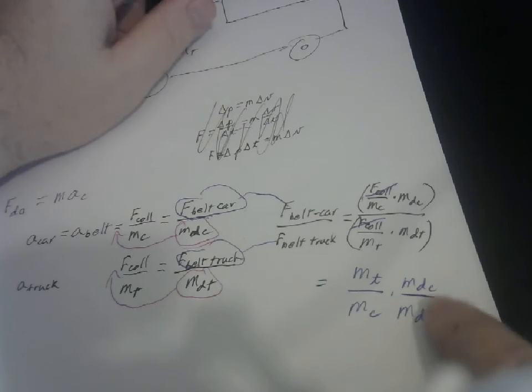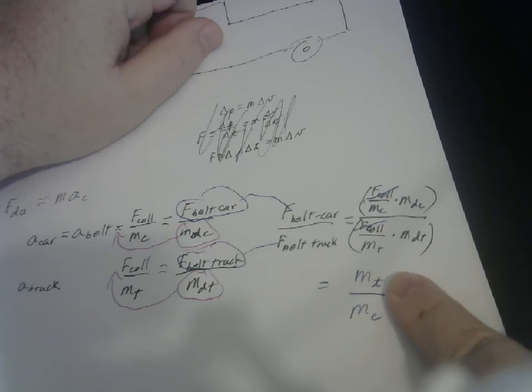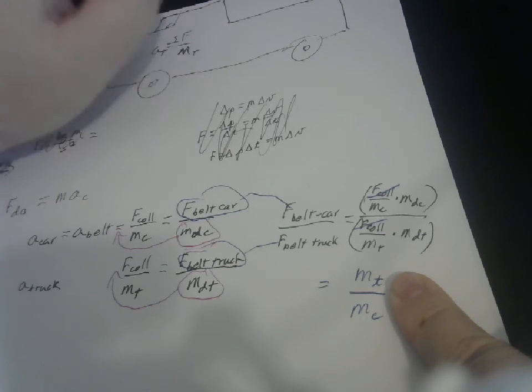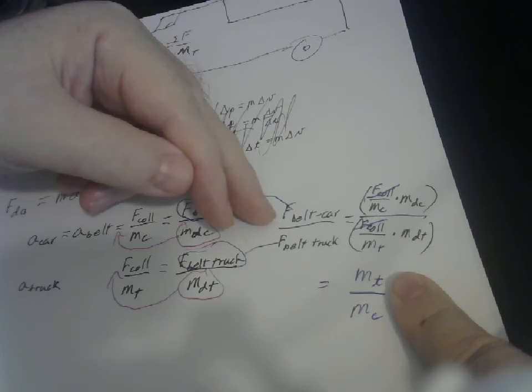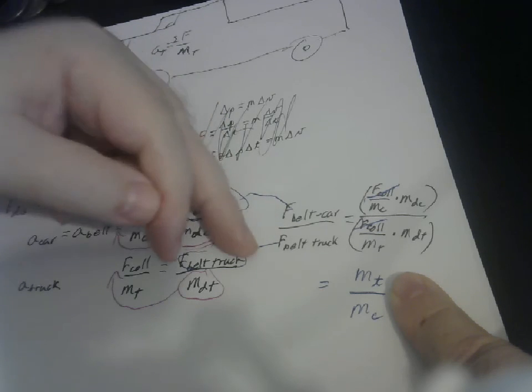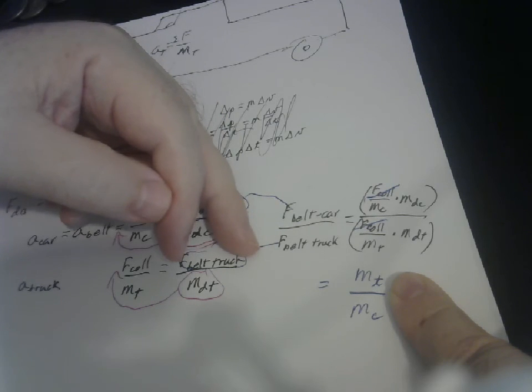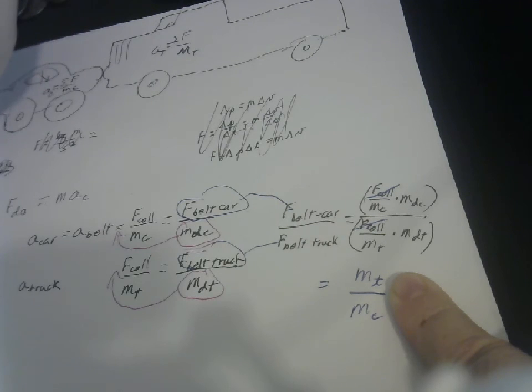For the moment, let's imagine that the mass of the driver of the car and the mass of the driver of the truck are the same. And we basically get a situation that the force you're going to be experiencing in that car divided by the force that you're experiencing in that truck is the mass of the truck divided by the mass of the car.